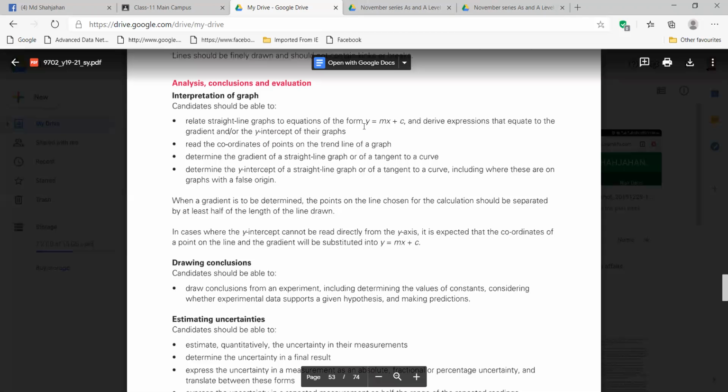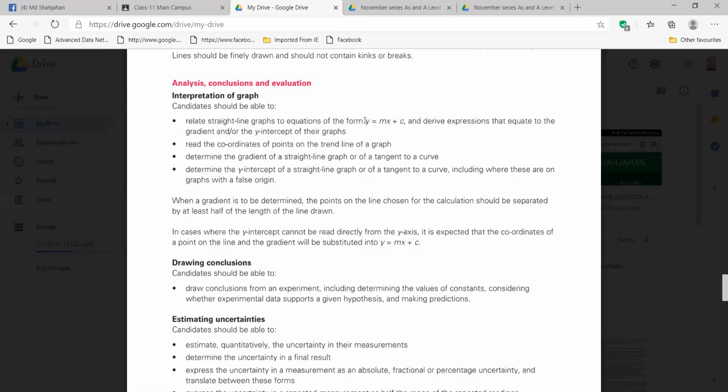You put the value of y and corresponding x, then put the value of gradient, then you will get the y-intercept value from this equation, right? That means c equals y minus mx. From this equation, you can get the y-intercept. There are two ways. Then continue, Amina.